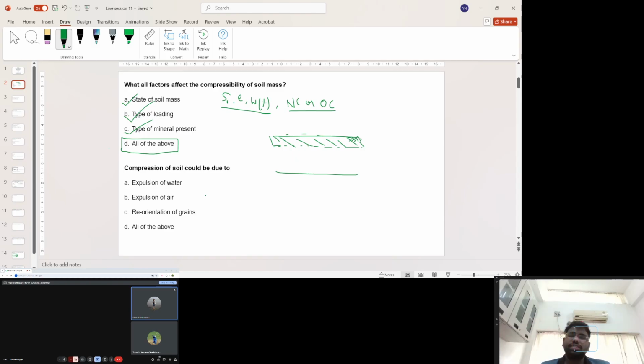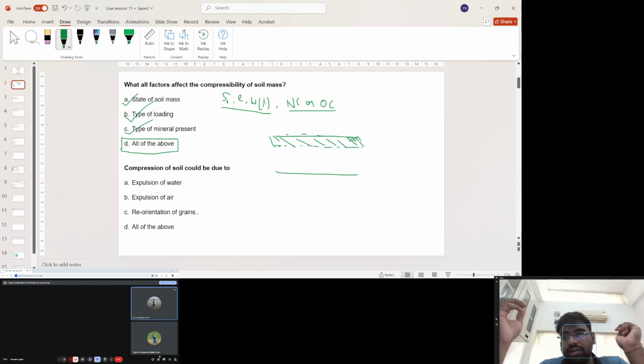Yeah. So even though the density increases in case of compaction, which indirectly is due to expulsion of air. So in one aspect, it is a compressibility behavior, and option A, expulsion of water, is obviously time dependent, which is consolidation phenomena. Reorientation of grains can occur in two cases. One is immediate settlement in sands, when the moment you apply the loads, the grains get reoriented.